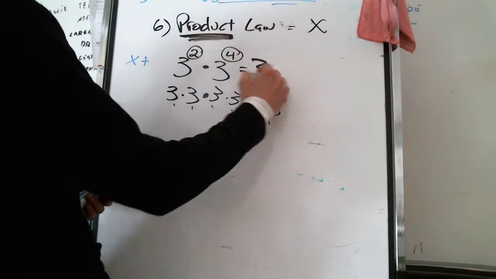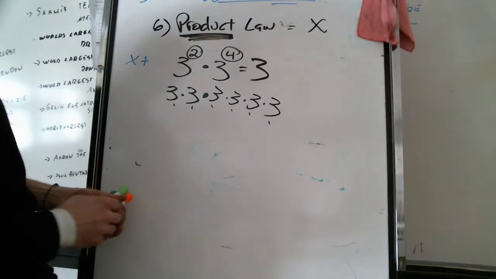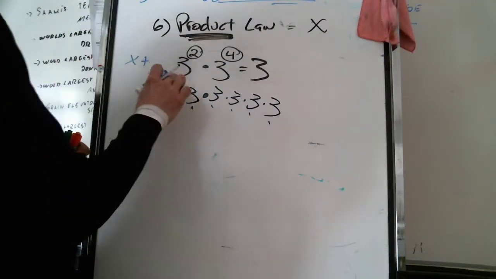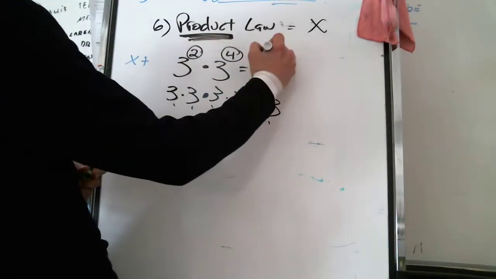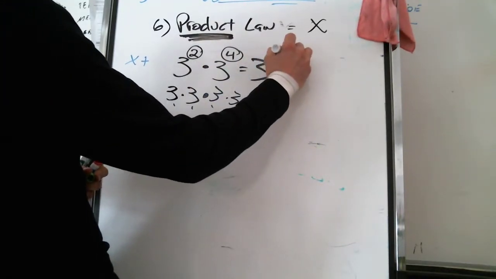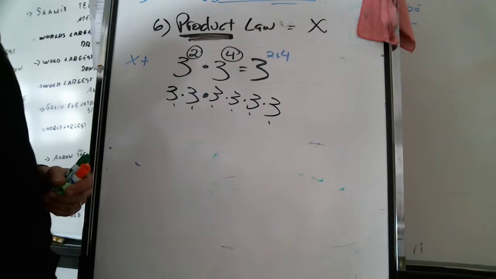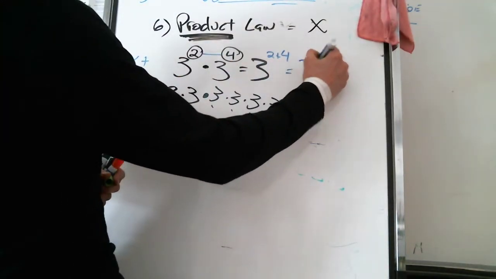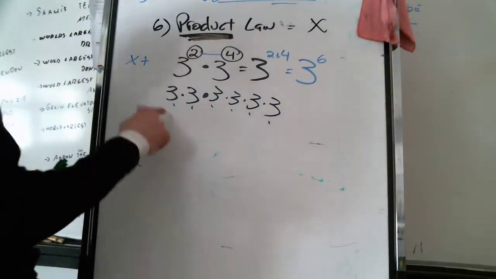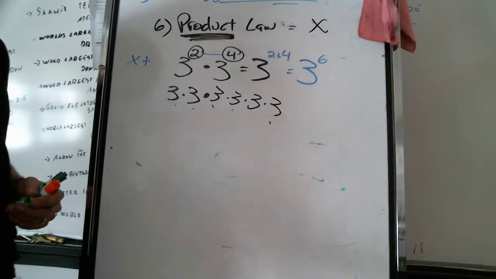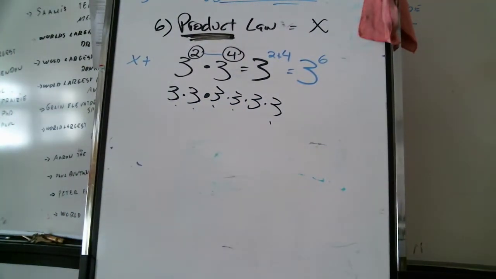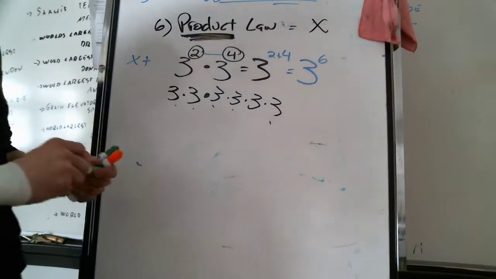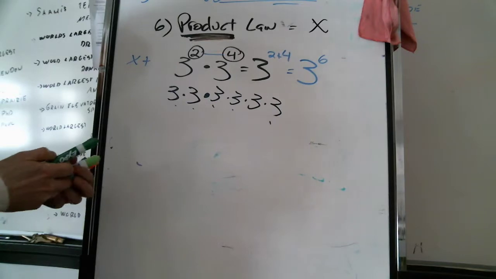The product law states that if the same base has powers on it, I add the exponents together, which gives me 3 to the power of 6. That's the proof for it. Doesn't matter what else is going on. That's the law. Okay, so that's the product law.